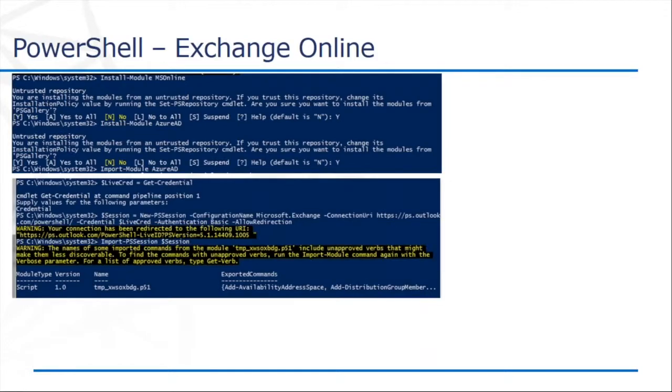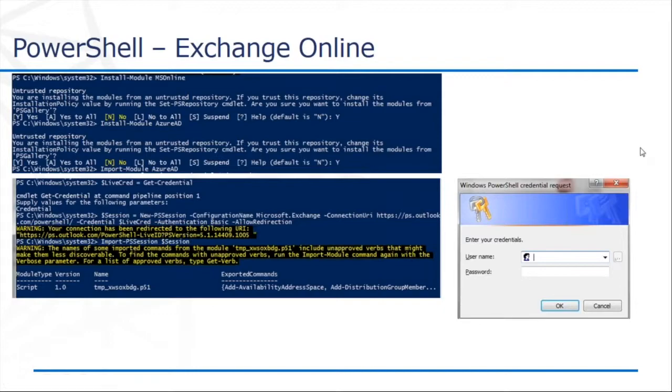Once that is done, you need to give your live credentials for Office 365. Get-credential is nothing but a prompt, something like this. You will get a prompt, then you give your O365 credentials and password, and it will be authenticated.